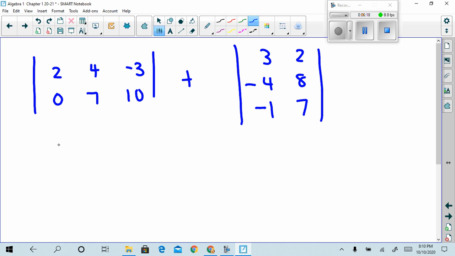This first one is a 2 by 3 matrix, and this one is a 3 by 2. They have the same number of elements in them, but they're not the same dimensions. There's not a one-to-one correspondence, and they cannot be added or subtracted.